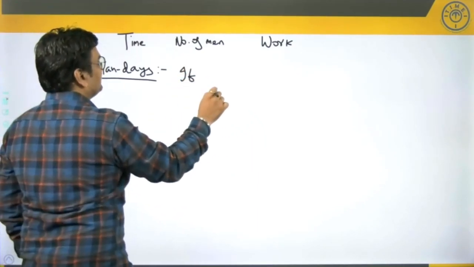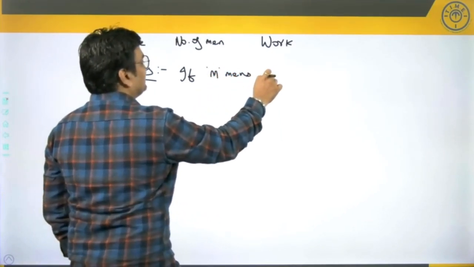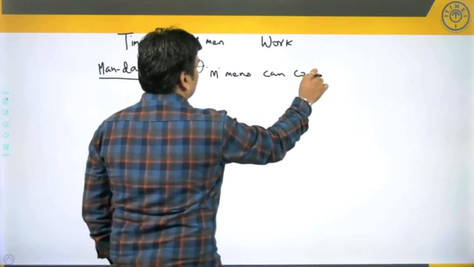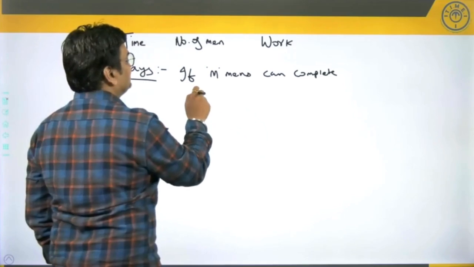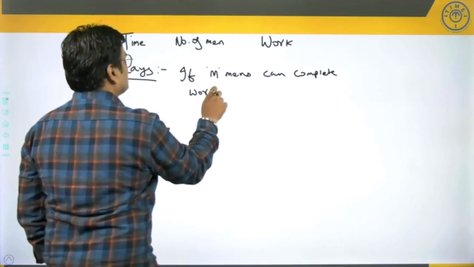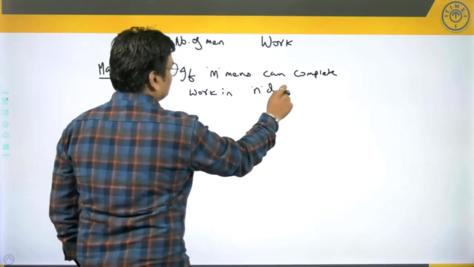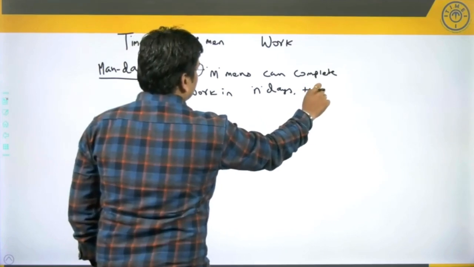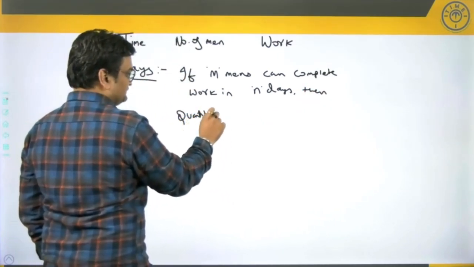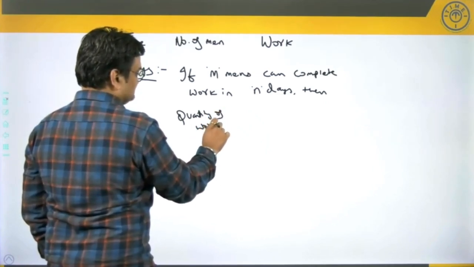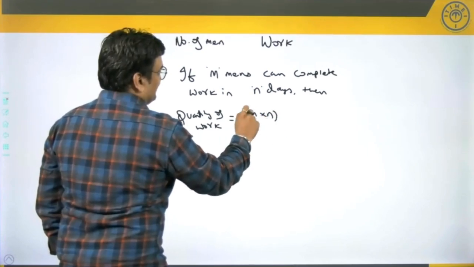If m number of men complete the work in say n number of days, then we say that the quantity of work, the amount of work, is m into n man days.